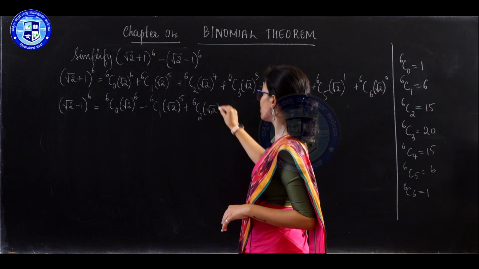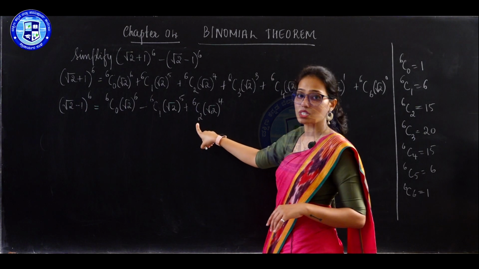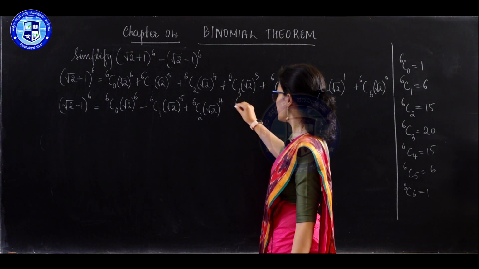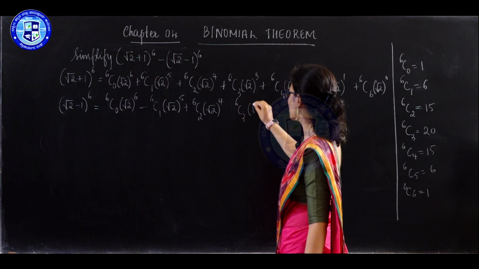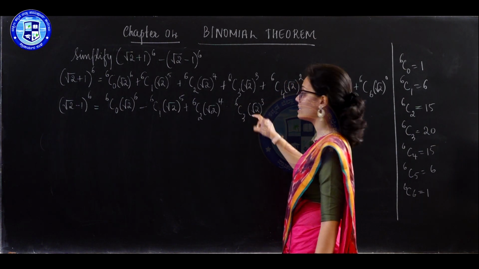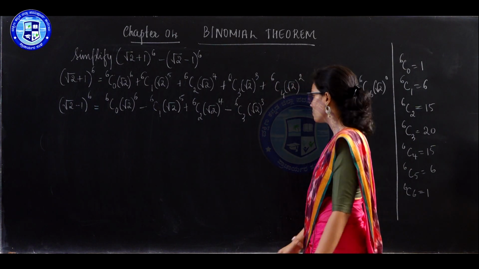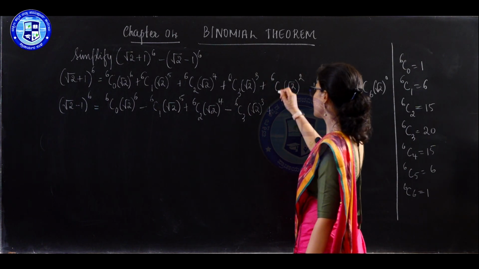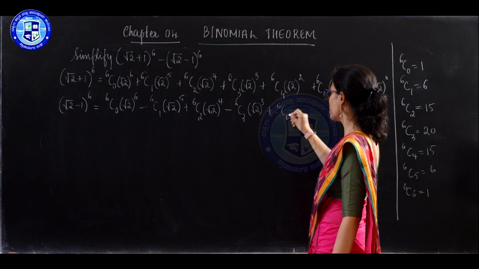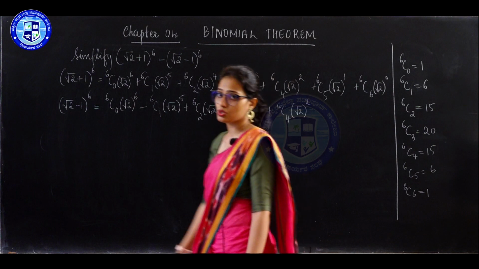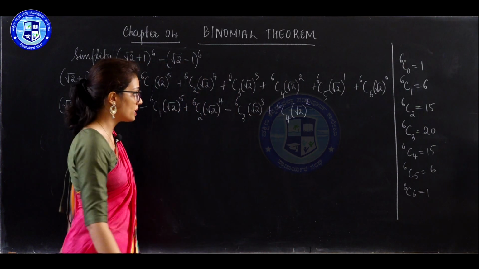root 2 to the power 4. So, this is (minus 1) to the power 2, it will become positive. Here we have 6C3 root 2 to the power 3, (minus 1) to the power 3. So, minus into plus, the minus sign will remain. Here we get 6C4 root 2 to the power 2, (minus 1) to the power 4, that will be plus 1.